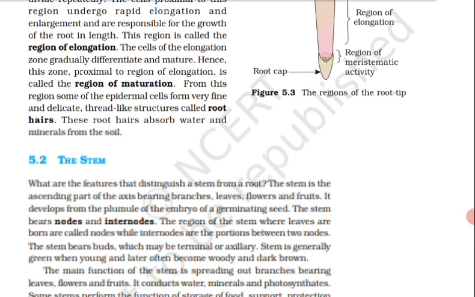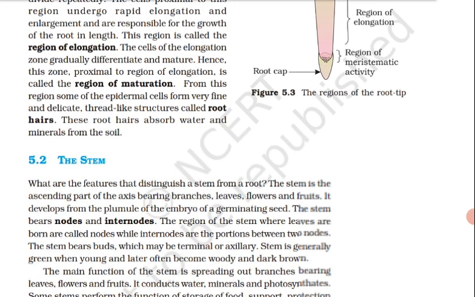Veins provide rigidity to the leaf blade and act as channels of transport for water, minerals and food materials. The shape, margin, apex, surface and extent of incision of the lamina vary in different leaves.